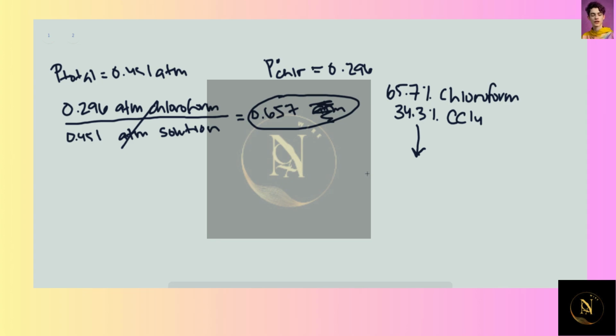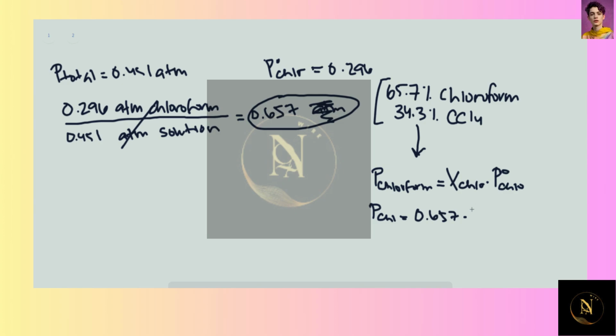So what we can do here is take the same equation. The pressure of the chloroform component is equal to the mole fraction of chloroform multiplied by the pressure of pure chloroform. Again, this mole fraction is 0.657 because this vapor is condensed, giving the same mole fractions for chloroform and carbon tetrachloride as the vapor of the previous solution.